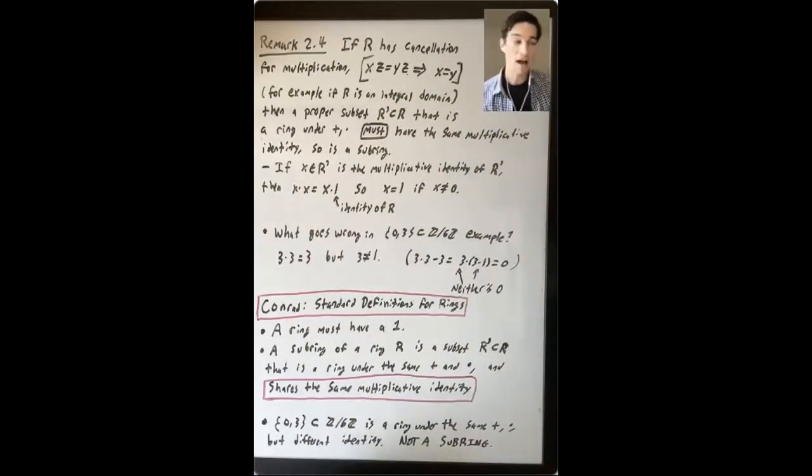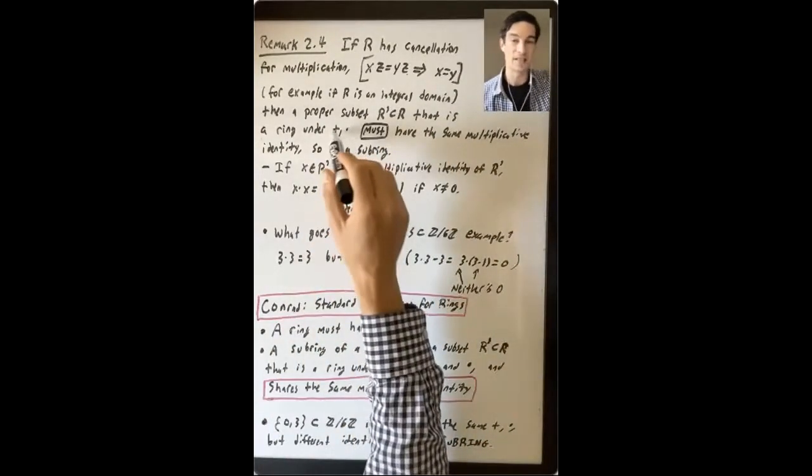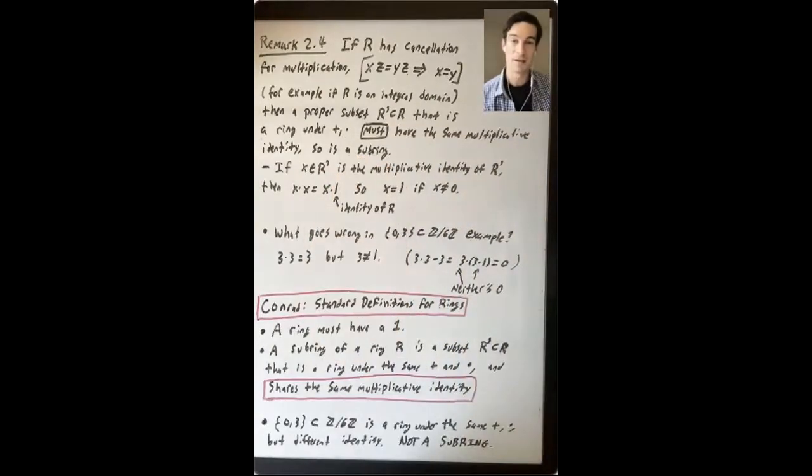Then if you have a proper subset R prime of R that is a ring under these same operations, plus and times, then it must have the same multiplicative identity and be a subring.